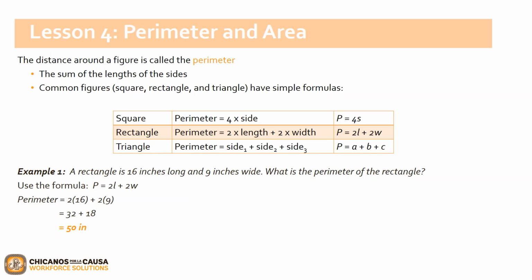So when we replace the length, in this instance it's 16, we're going to multiply that by 2, and then we're going to add it to 2 times 9 because that is the width. When we do that, we get 32 plus 18, yielding a result of 50 inches. So therefore, the perimeter of the rectangle is 50 inches.